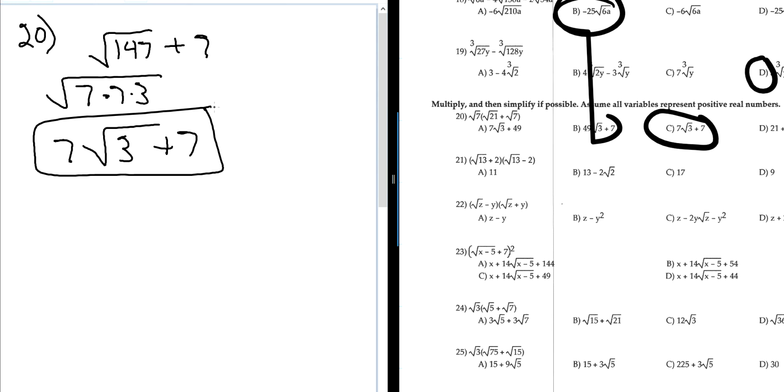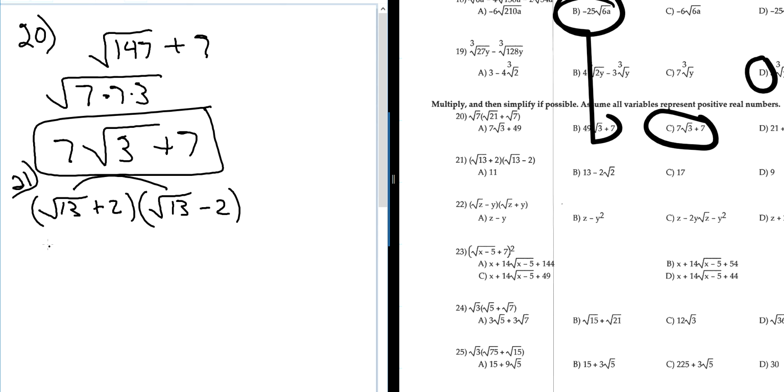How about 21? The same thing here. So let's see, I've got square root of 13. Okay, so this is number 21. And we'll FOIL this. It's a difference of 2 squares. So if I FOIL it, I've got 13.